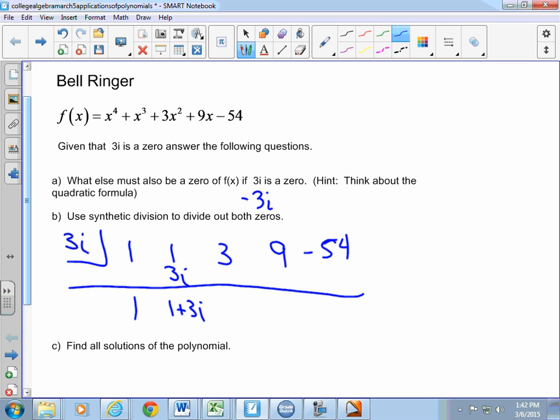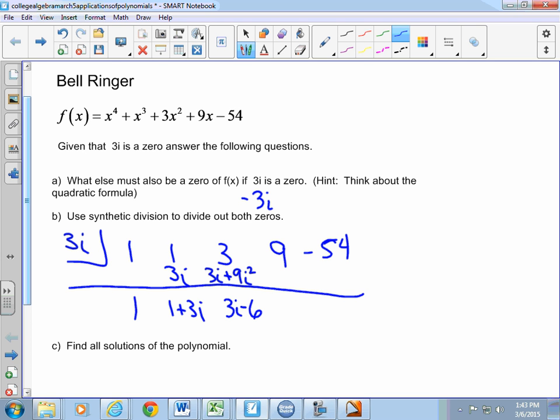3i times 1 plus 3i gives you 3i plus 9i squared. Really quick, does anyone remember what i squared is? Negative 1. So that's 3i minus 9, which is 3i minus 6. Good so far?